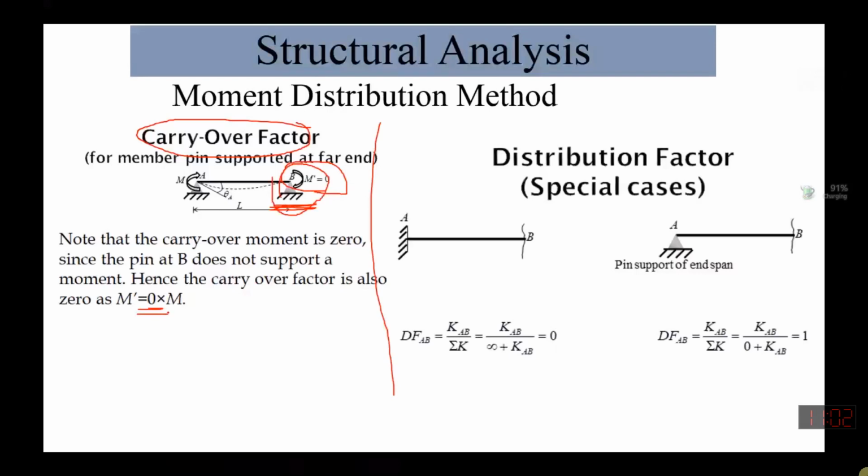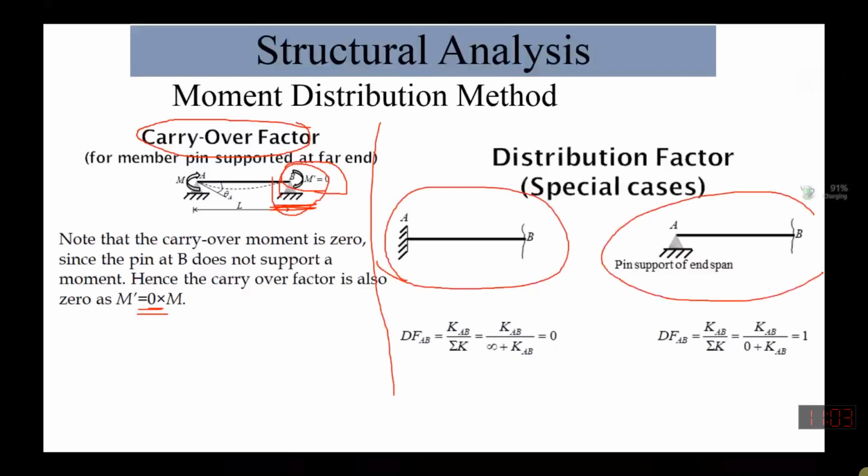Then there are two special cases we need to consider for the distribution factor. This is case number 1 and the second one is case number 2. Let's say you have a continuous beam, something like this. Over here you have hinge, and over here you have fixed.